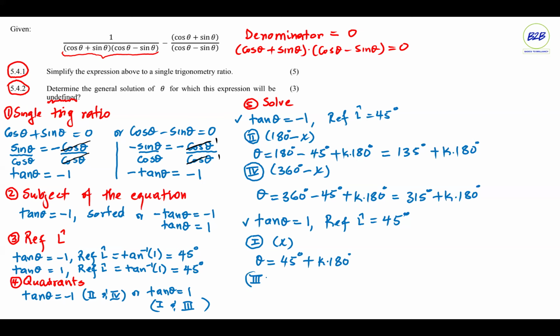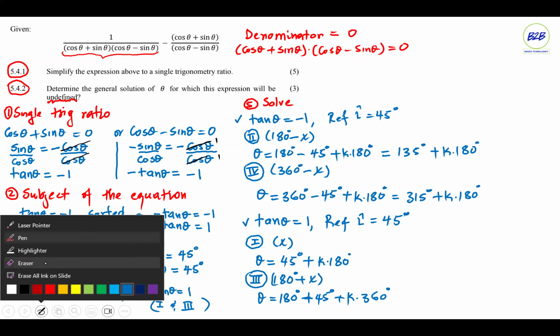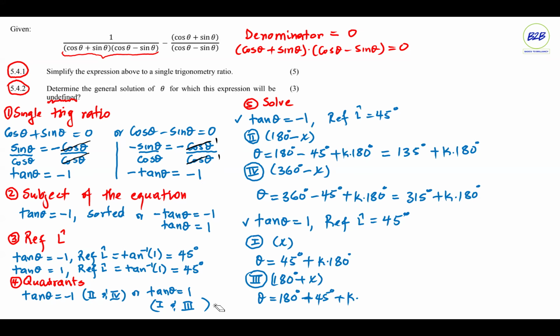What reduction formula do we have in the third quadrant? 180 degrees plus x. And what is x? The reference angle. So this will be theta equal to 180 degrees plus 45 degrees plus k times 360... no, not 360 degrees. This is tan, remember?